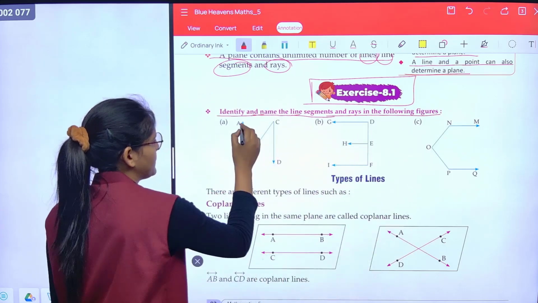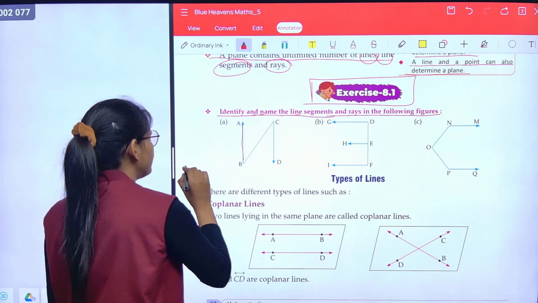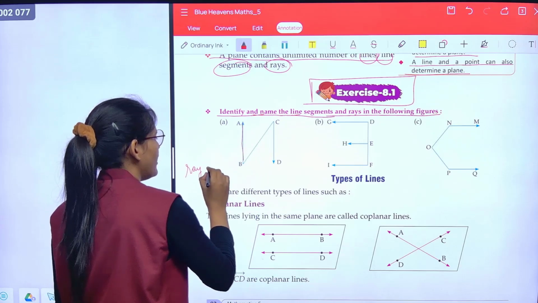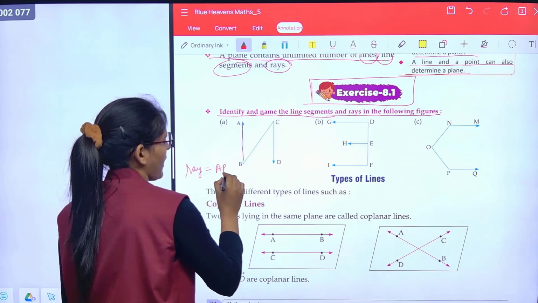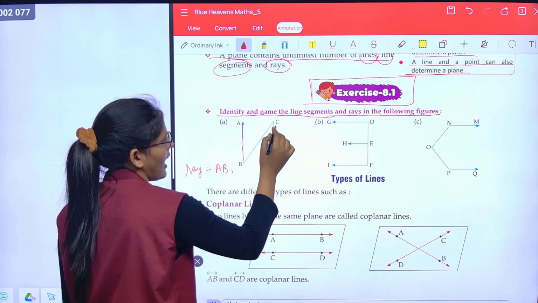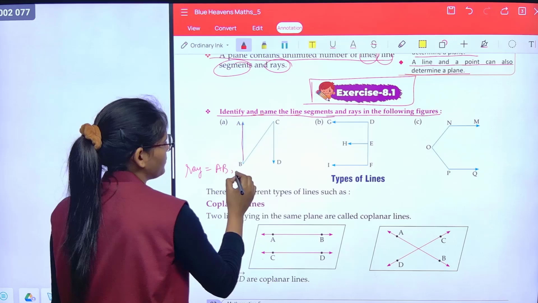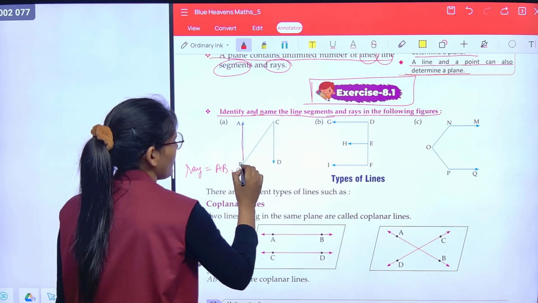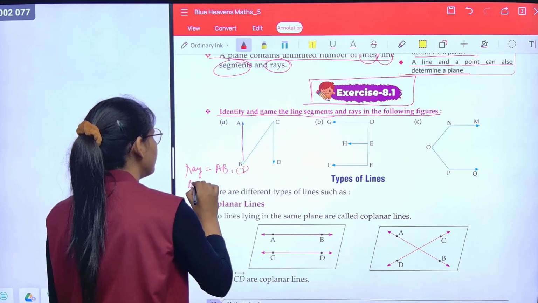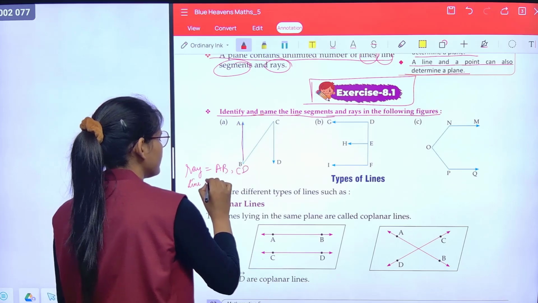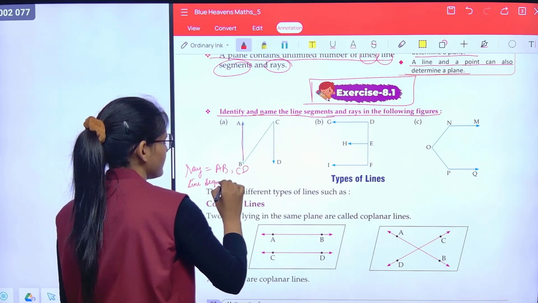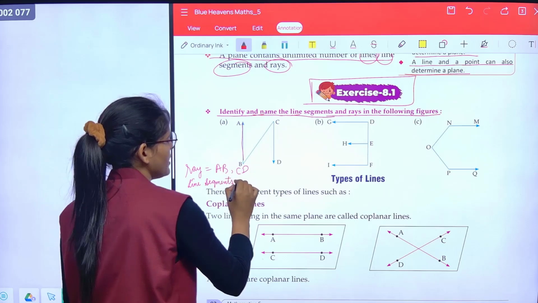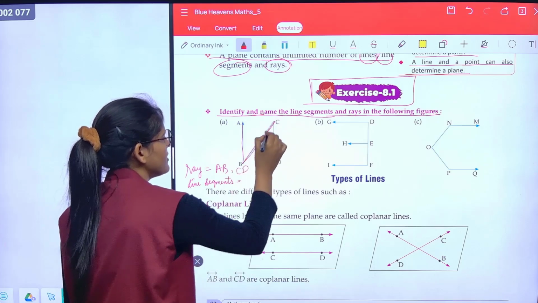Class, rays are AB and CD, and line segment is BC.